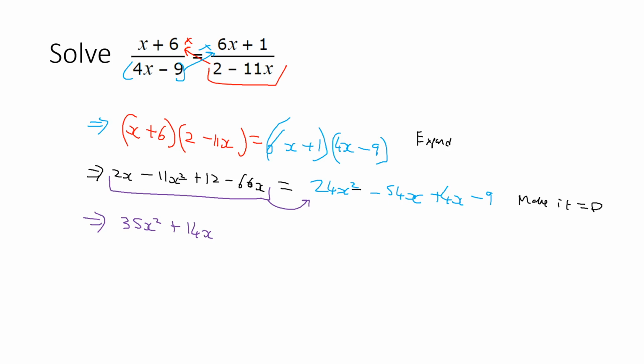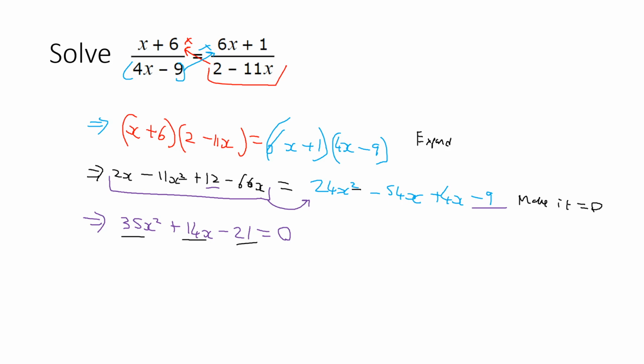And here we have minus 9 minus 12, which is just going to be minus 21. That's equal to 0.